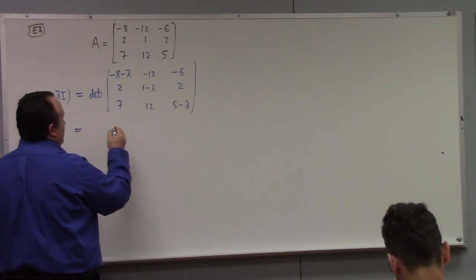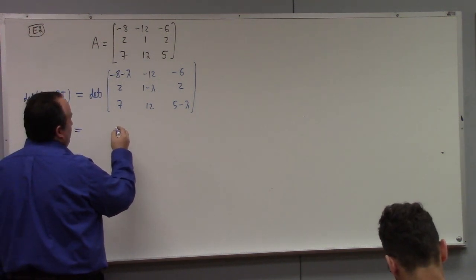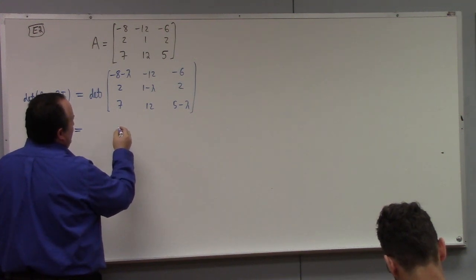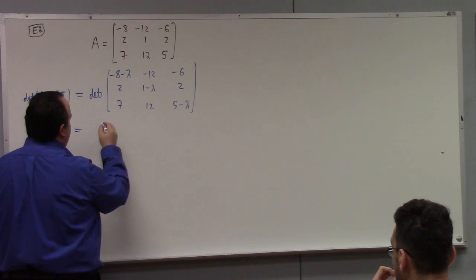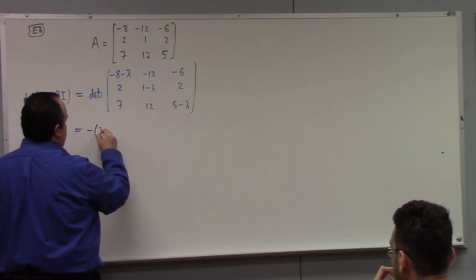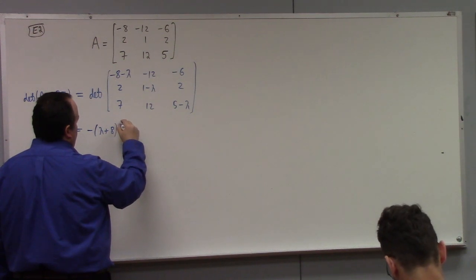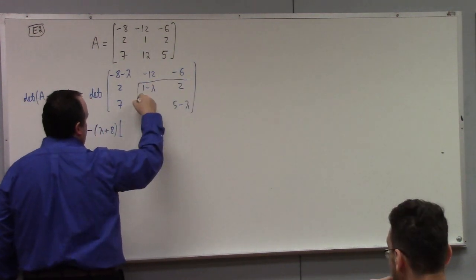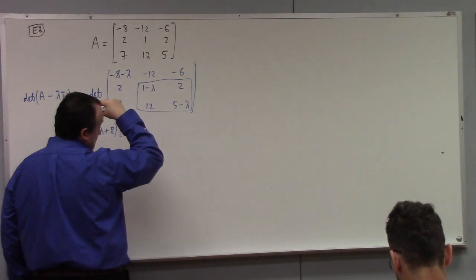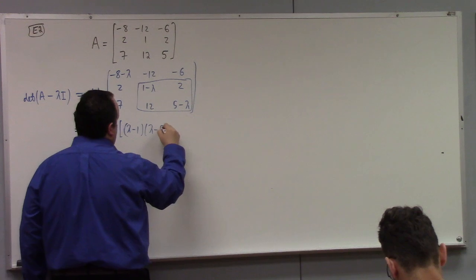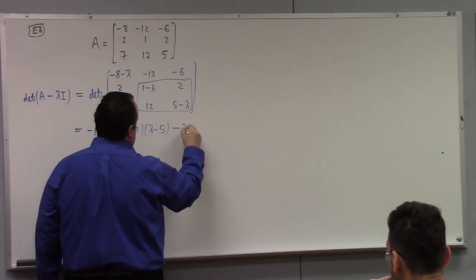You're better than those students, because they're not here. And let's see here. I'm going to factor a minus out. So that's minus lambda plus 8 times the determinant of this guy right here, which would be lambda minus 1 times lambda minus 5 minus 24.